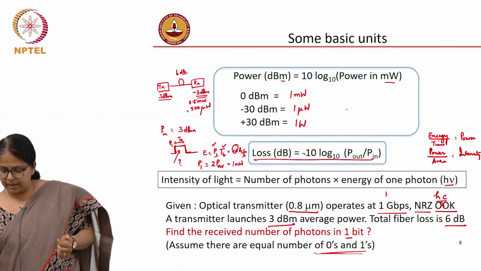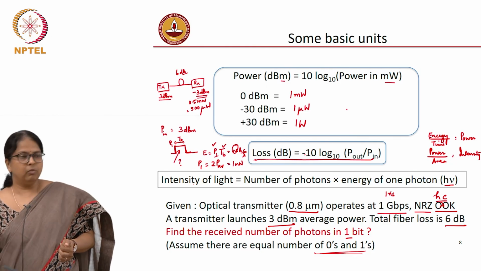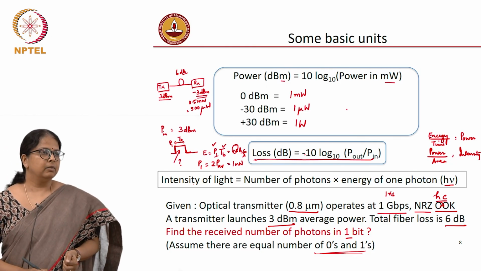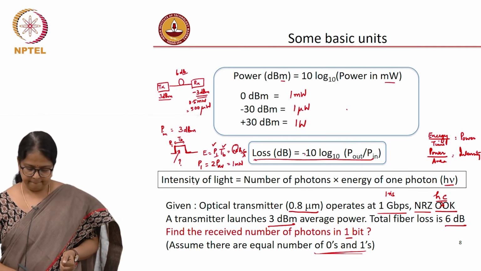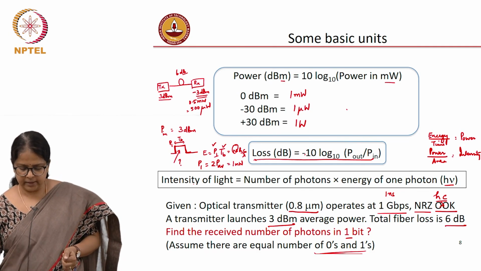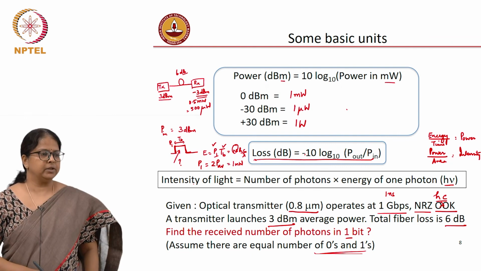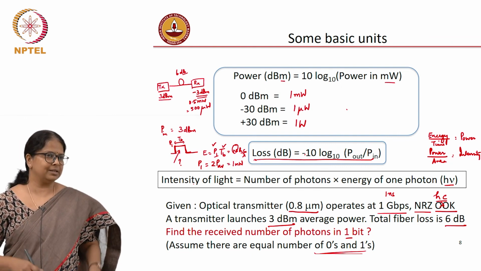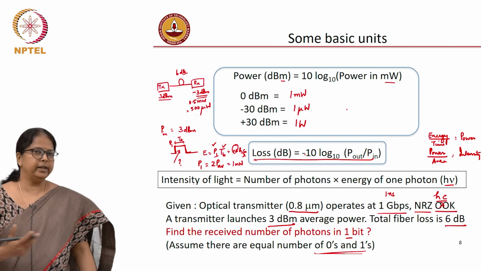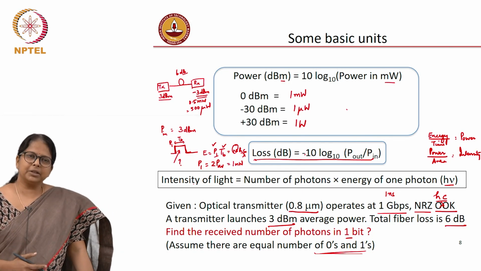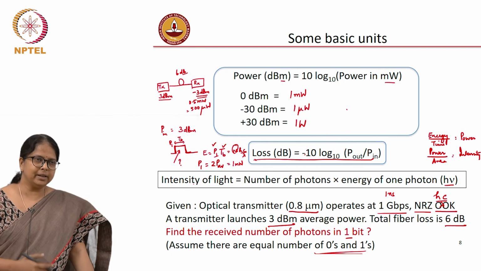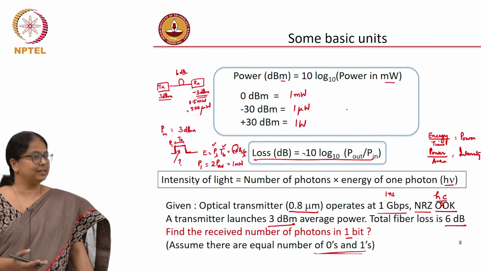It is 1 Gbps, so the bit slot will be 1 over 1 Gbps, 1 nanosecond. So I know this is 1 nanosecond, from that I can find out what my number of photons is. You can do that numerical calculation later, but this is how you go about approaching finding out the number. This number of photons calculation becomes important later when we talk about receiver sensitivity and so on.